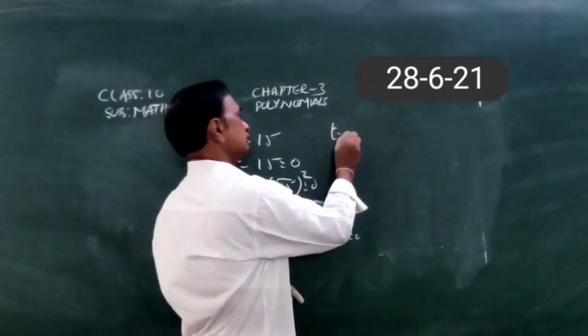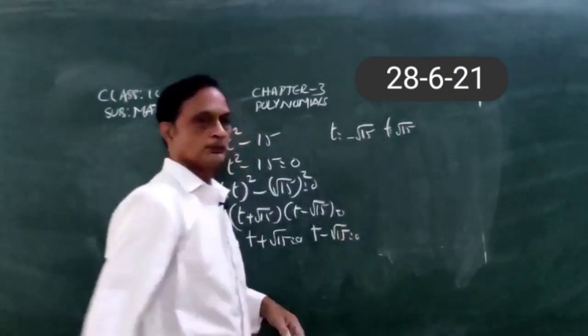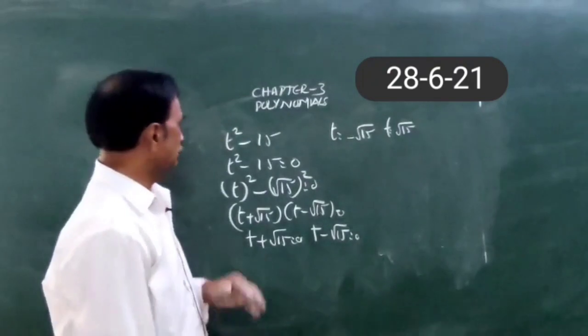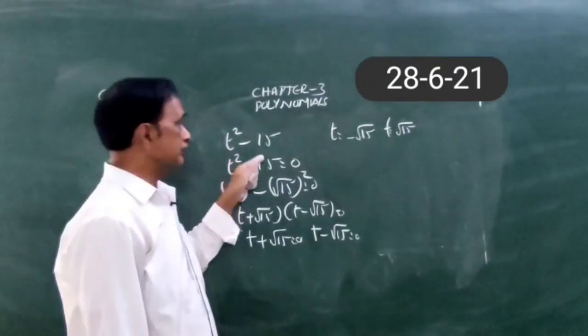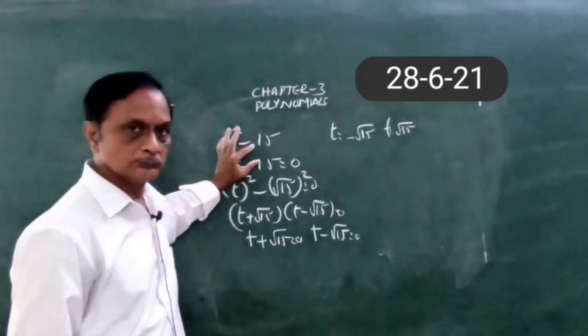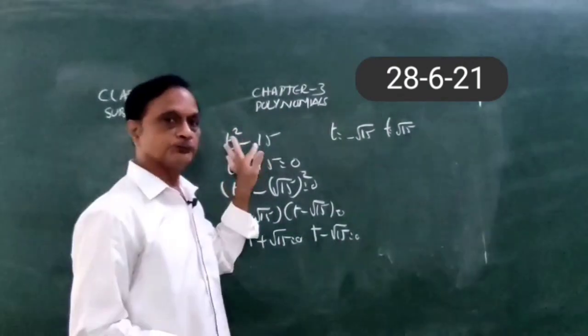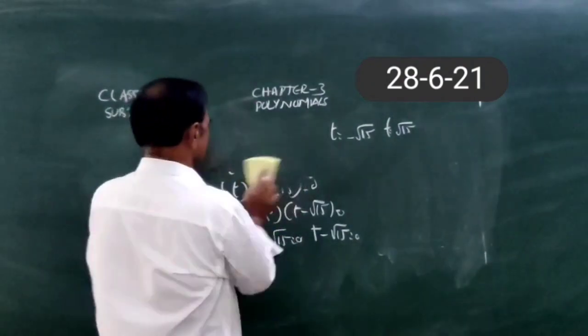Now what are the zeros? t equal to minus root 15, t equal to root 15. So you got the zeros. Now what is the coefficient of t square? 1. Coefficient of t? 0, you don't find a term containing t. And what is the constant? Minus 15. Now verify the relation between the zeros and the coefficients.